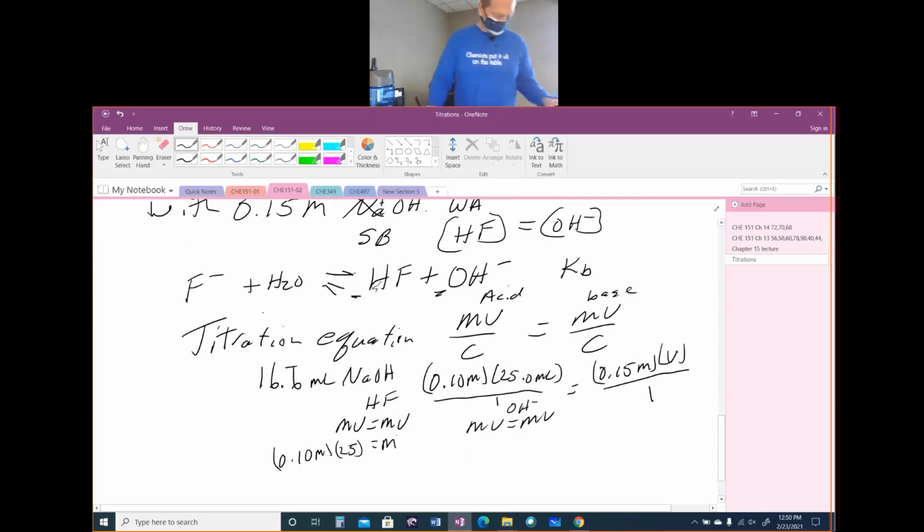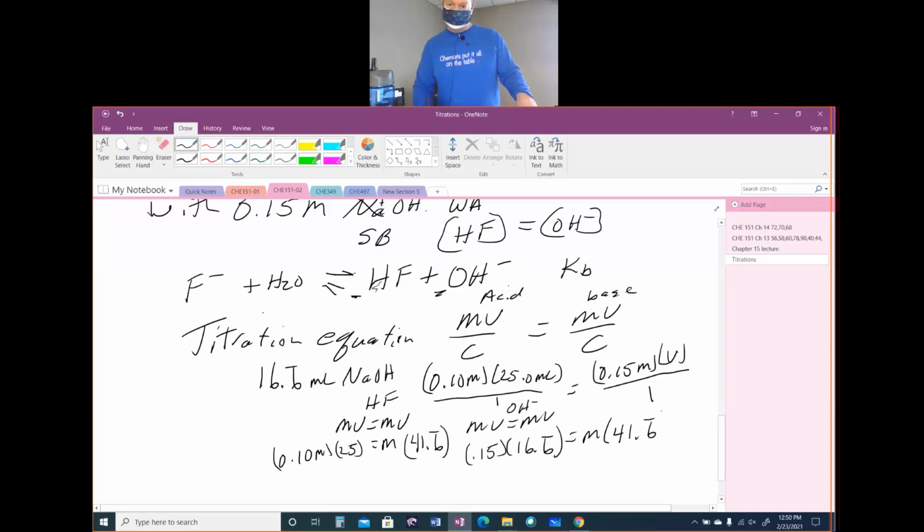Now that my volume is the 25 mils plus the 16.6 repeating, which is a 41.6 repeating, I will get my number there, and then the same thing for my OH minus. It is 0.15. The volume of that was my calculated 16.6 repeating. What is the molarity now that my total volume is 41.6 repeating?